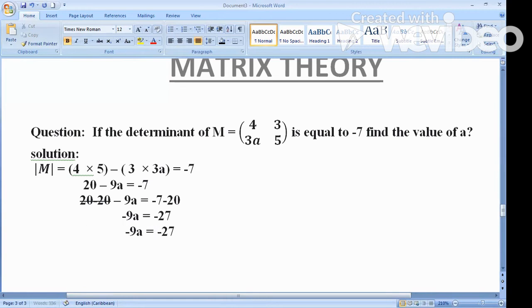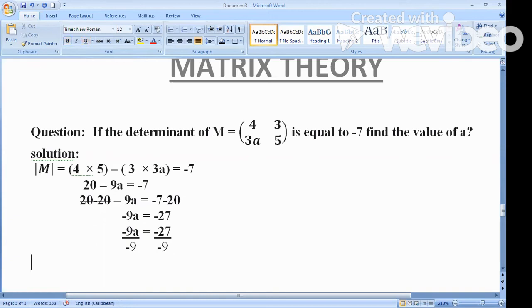Put that over 9. Let's divide everything by what? By -9. Correct. So the 9s cancel out.